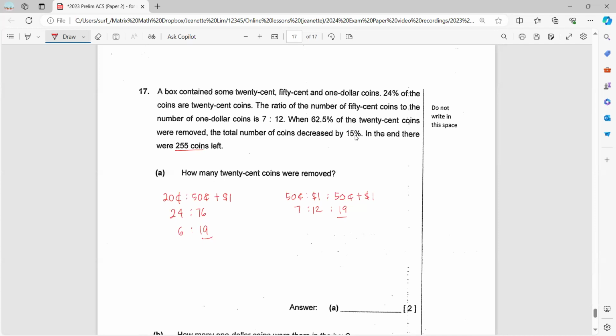So this one is 100% minus 15%, which is 85%. So 85% of the total is actually 255.